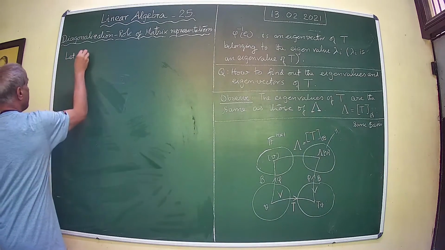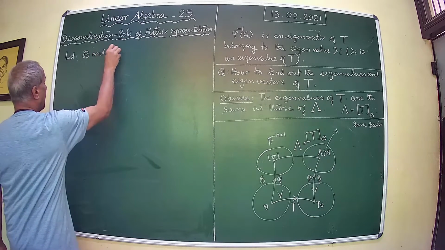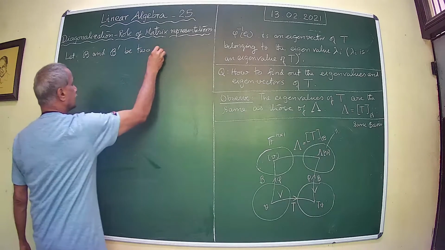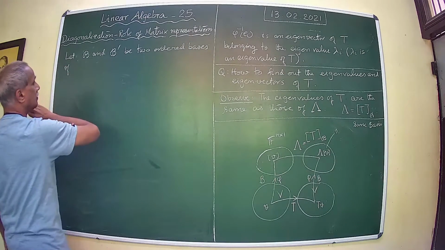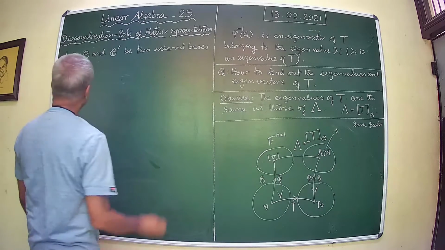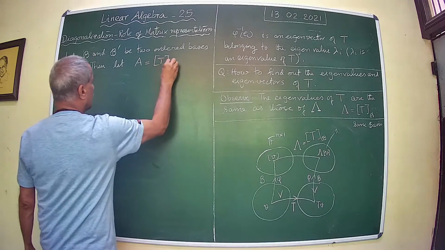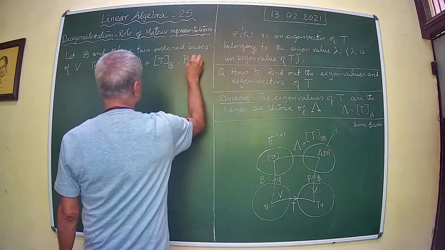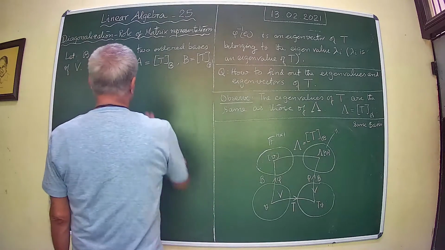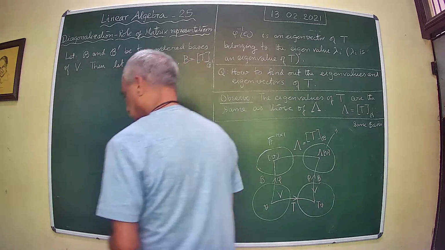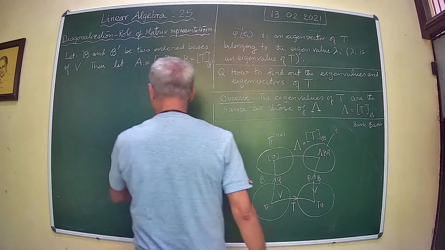Let B and B prime be two ordered bases. Then let A denote, not necessarily diagonal, these are the definitions of A and B. Now we want to make some observations.